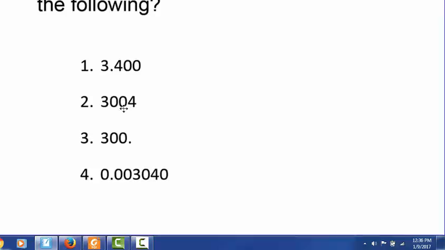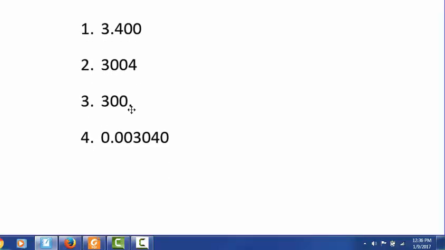These zeros are sandwiched in between non-zero digits, so they are significant. So 4 significant figures in this number as well. 300 point. Because there is a decimal, trailing zeros get to count. So these zeros here count, and I've got 3 significant figures in this number.